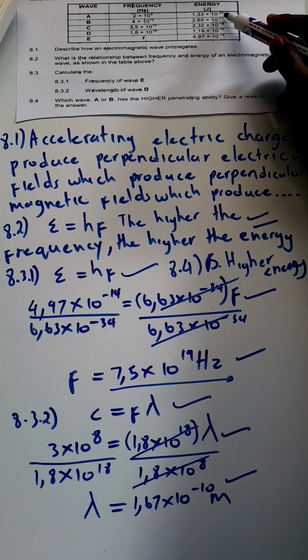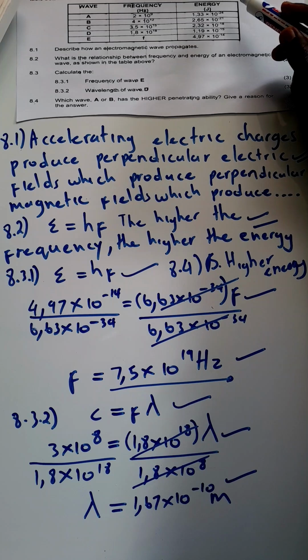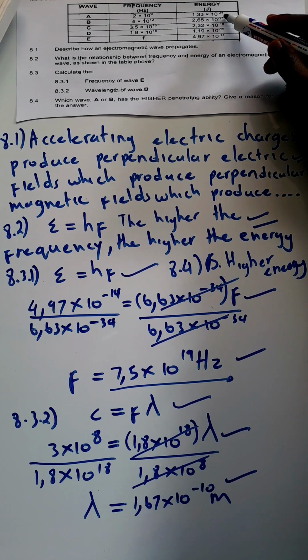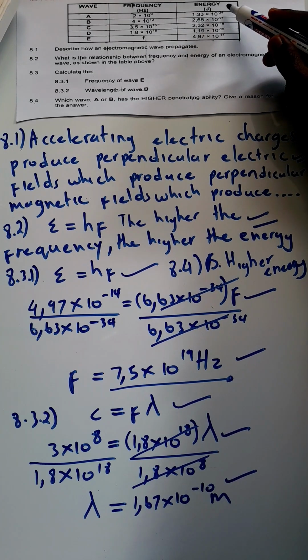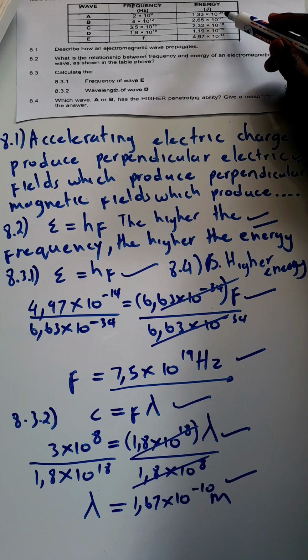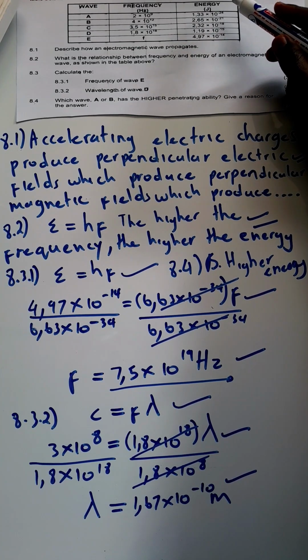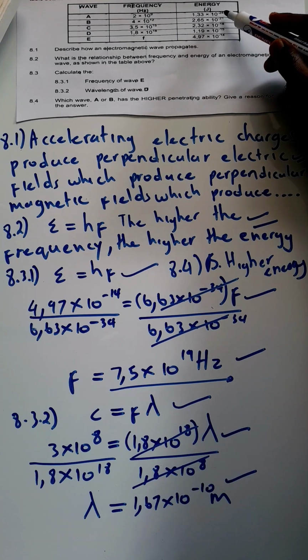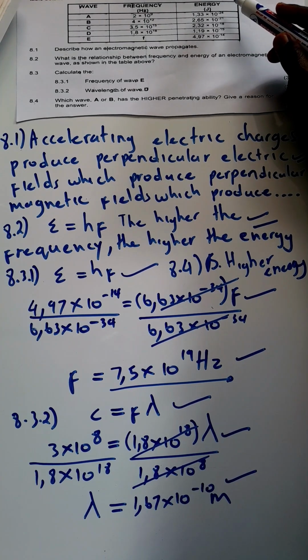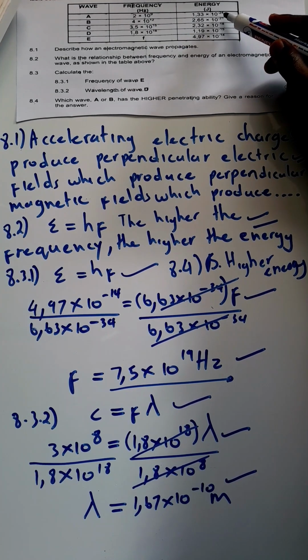Negative 21 is bigger than negative 24. If the exponents were positive, we'd say the 24 is bigger. But because the exponents are negative, the higher energy is B with the negative 21 compared to the negative 24.